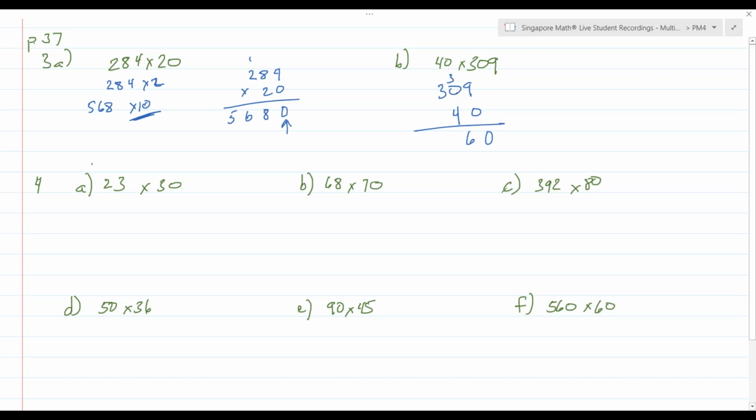And the 40 times 0 is 0, plus 3 more is a hundreds number. 40 times 300 is 1200 tens. And so 12,360 is the answer. Again, please notice 309 times 4 is 1,236. So 309 times 40 is 1,236 tens. So we write it that way.